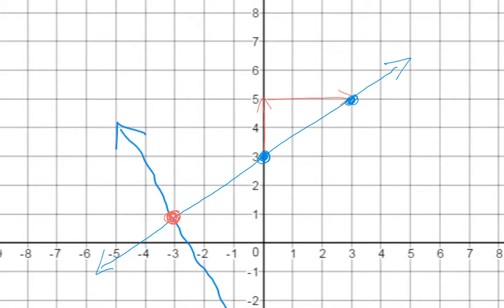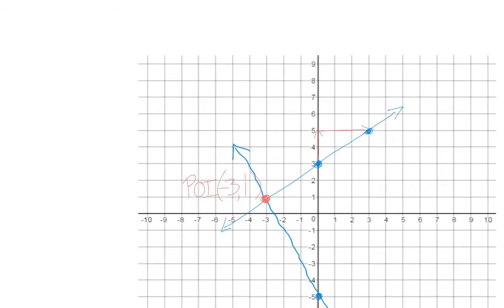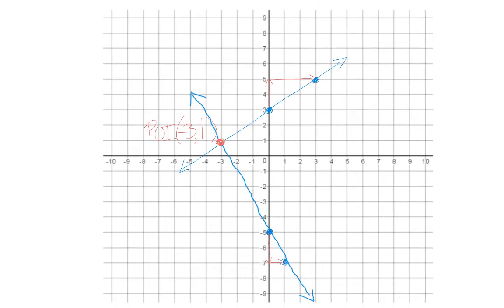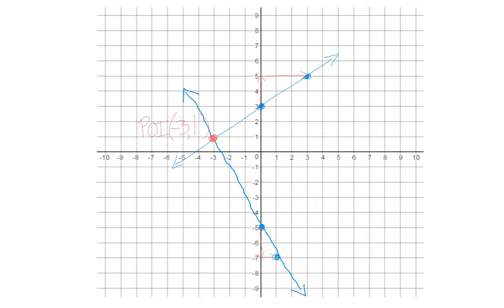The short form is POI. Now, the coordinates of that point of intersection is negative 3 and positive 1. And there you have it. We've just figured out the point of intersection of these 2 lines, and we did this graphically.